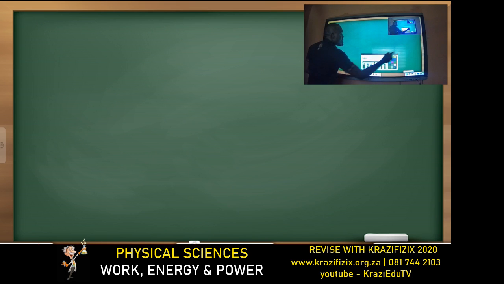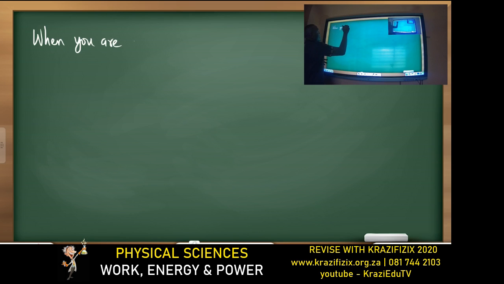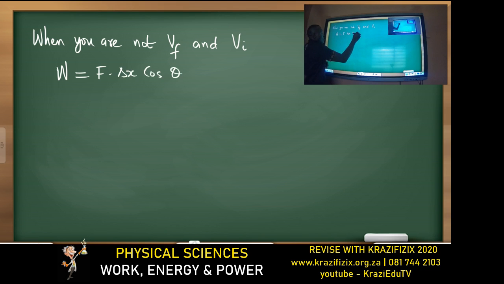Now, there are situations where you are not given Vf and Vi. We're just going to do a quick manipulation here. We said work is F delta x cos theta.